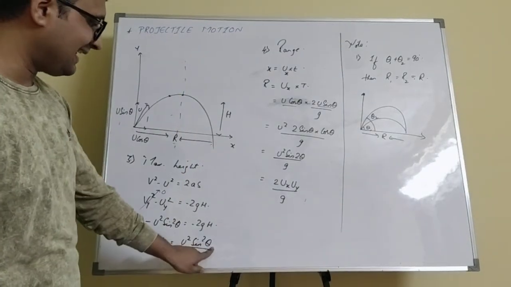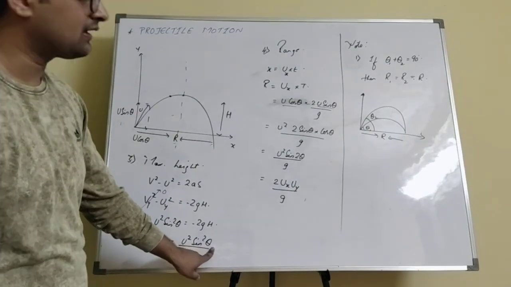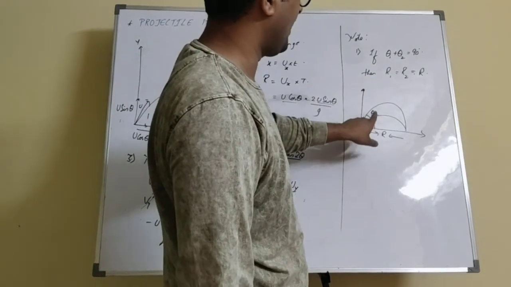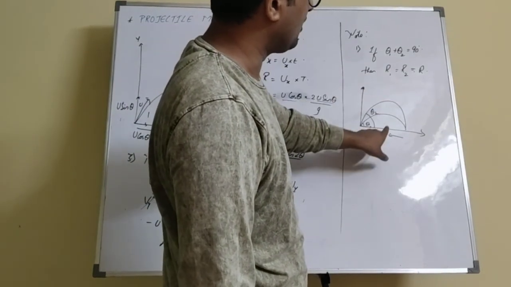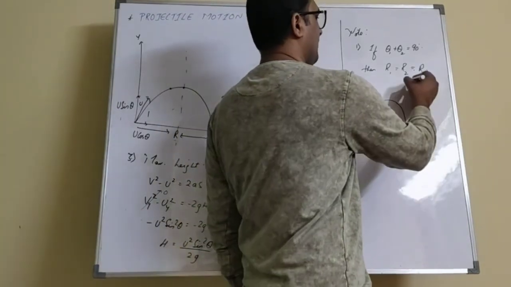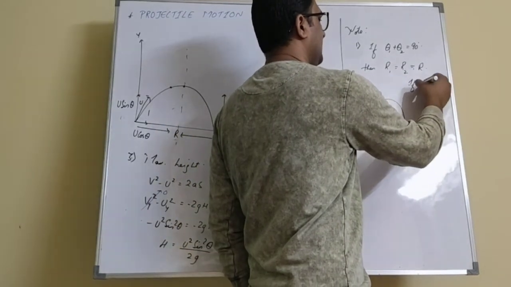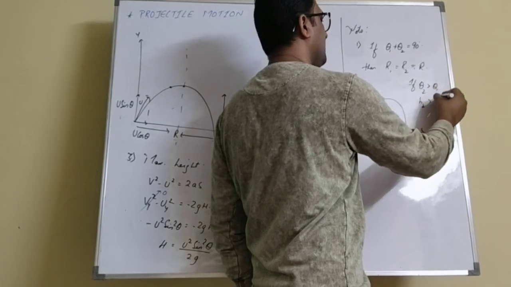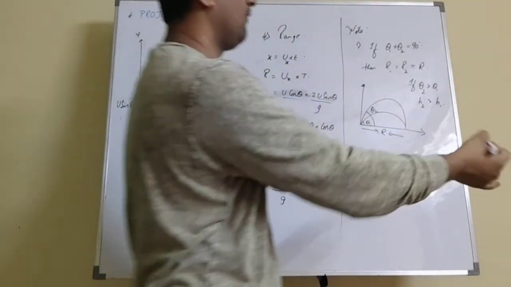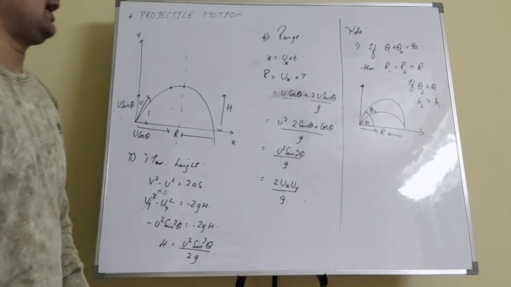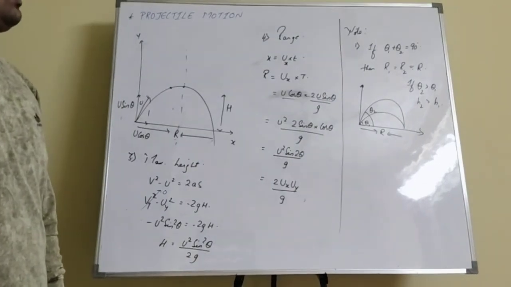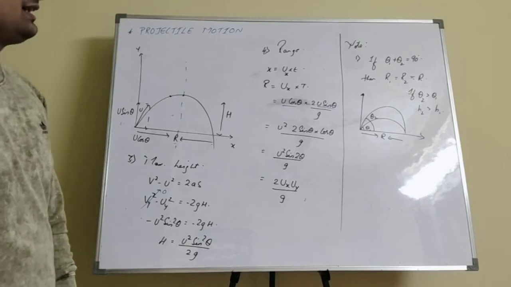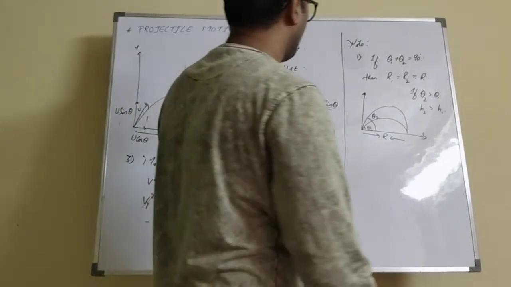So as the angle increases, height also increases. That's why I have made height greater for angle theta 2. So if theta 2 is greater than theta 1, then h2 will be greater than h1 and vice versa. Are you getting this? This is a very important point. Now let's move to the next point.